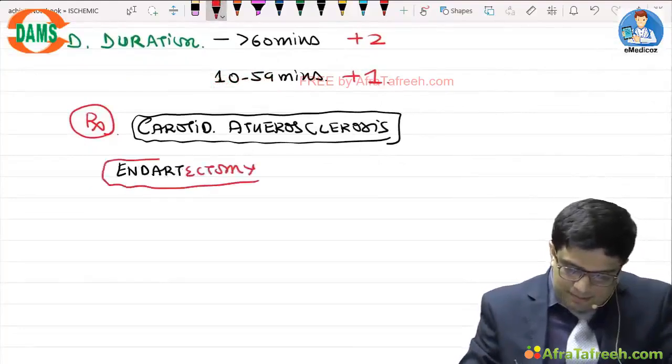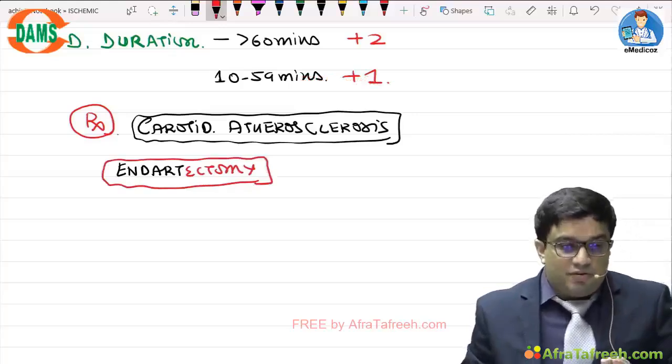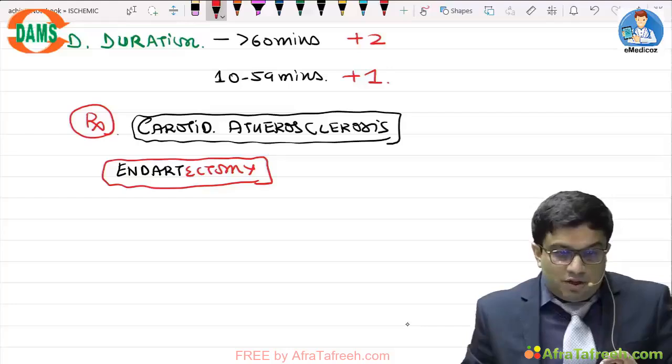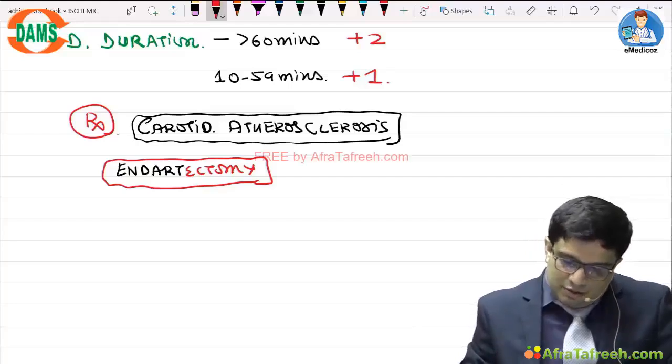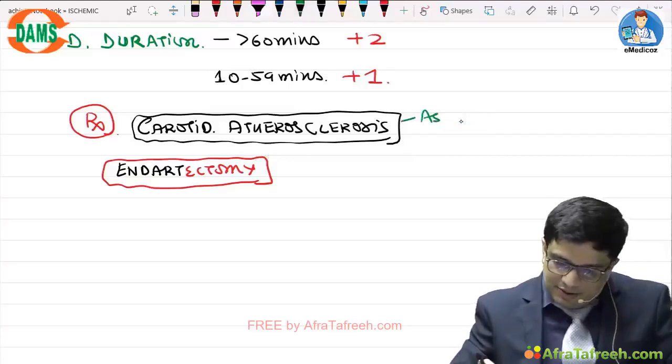Okay. Remember this, if I look at a patient who is asymptomatic for carotid atherosclerosis, what are the chances of that patient becoming symptomatic or having a stroke? So there are 2 kinds of carotid atherosclerosis, one is asymptomatic and the other one is symptomatic.